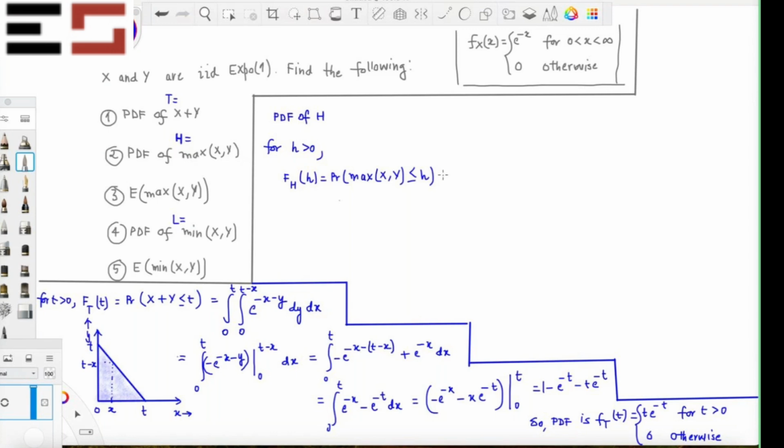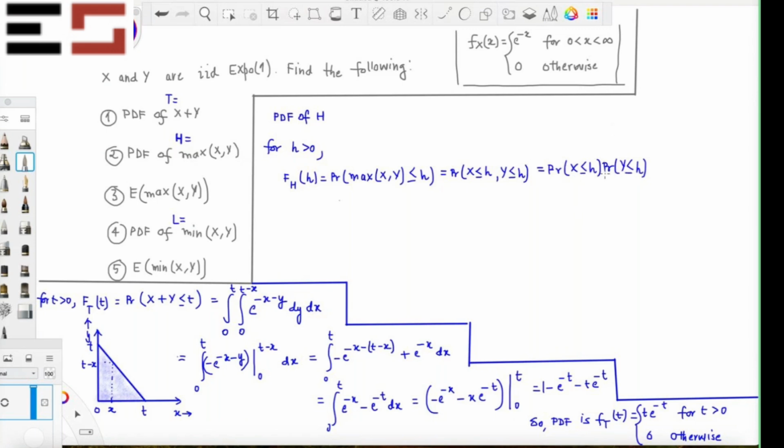So we can write it in this manner: probability that X is less than or equal to H, and probability that Y is less than or equal to H. And since X and Y are independent, we can just take the product of the two.